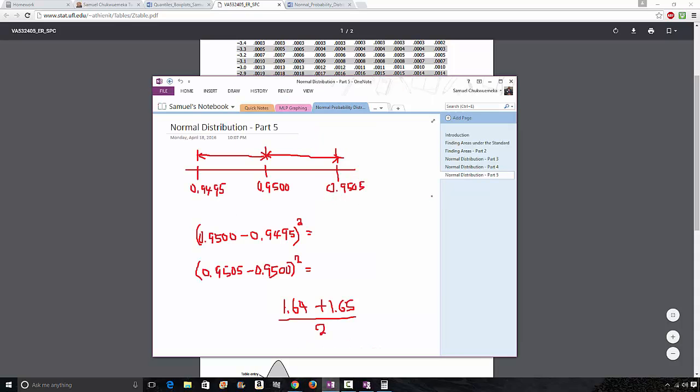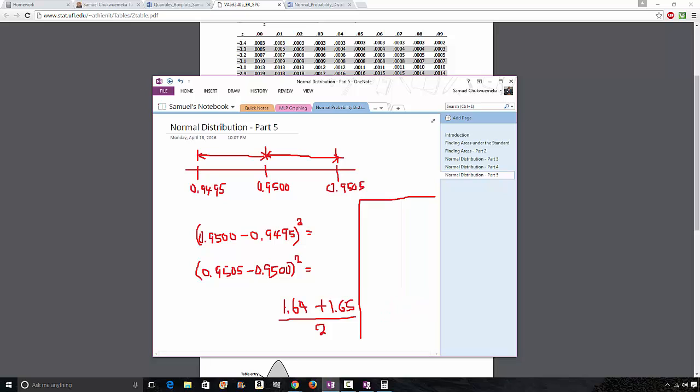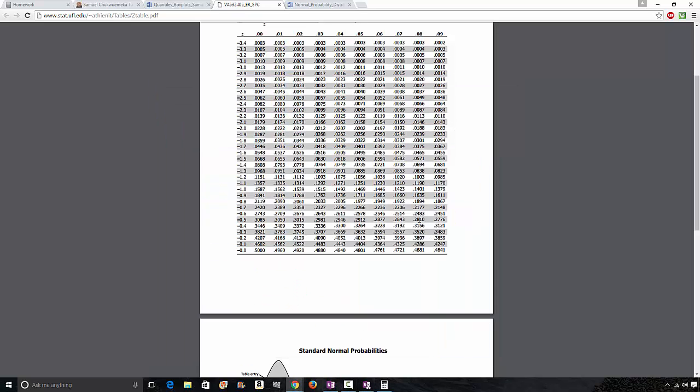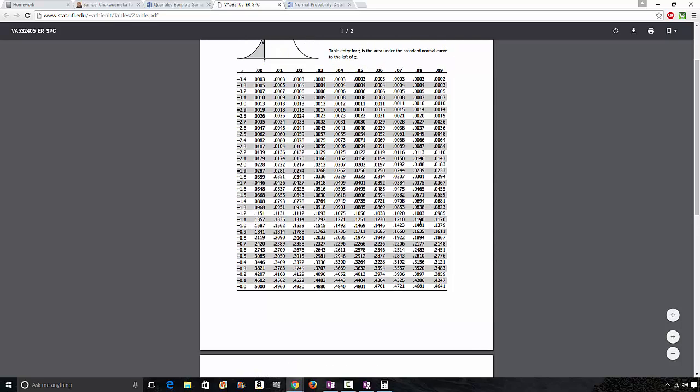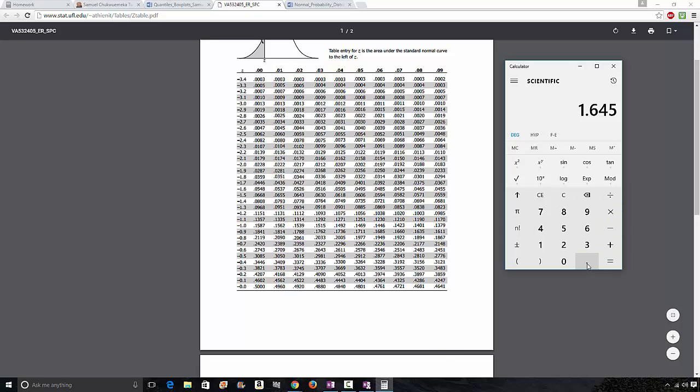So 0.1210 is negative 1.17, and 0.1190 is negative 1.18.